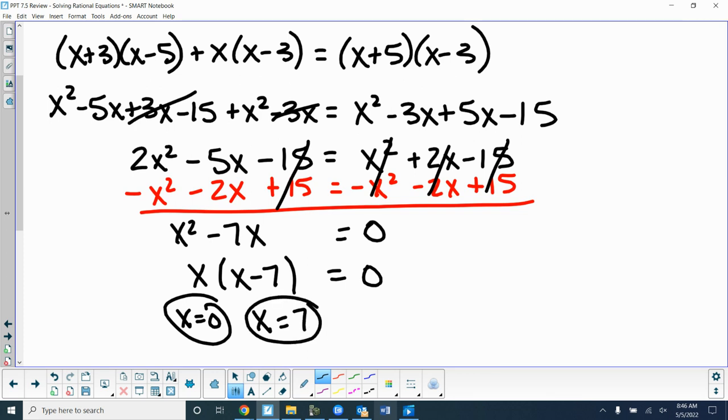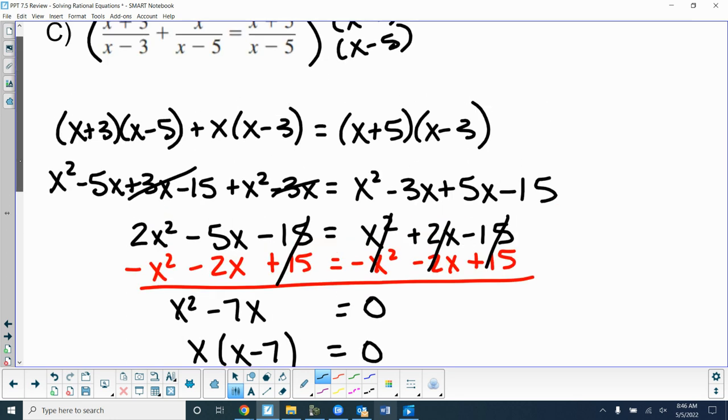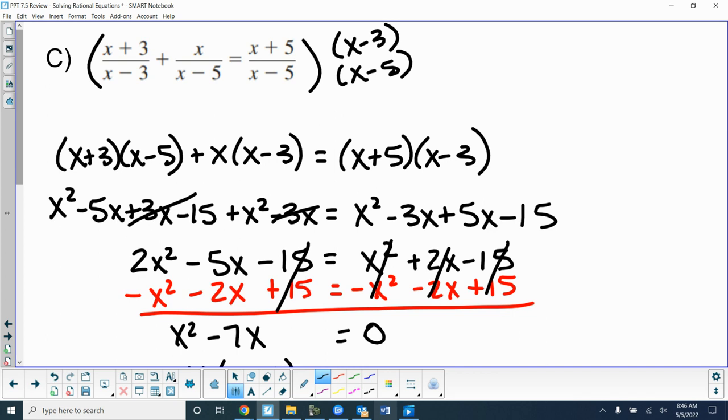Now we're supposed to do what after we get our 2 answers or 3 or however many we get? Check them, right? And making sure we don't get what? A 0 in the denominator, right? So 0 minus 3, 0 minus 5. Will that equal 0?